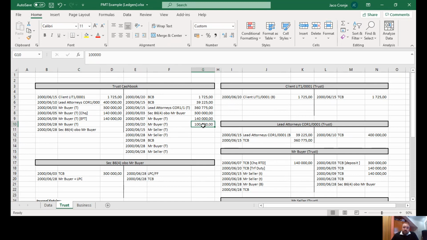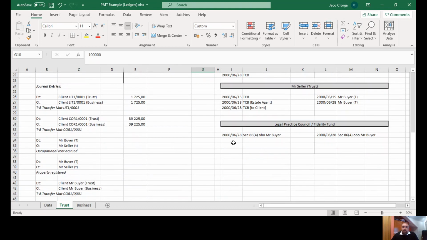Now we get it. So many guys now go and open up a ledger account called SARS, and they allocate that debit to the SARS account. That's not correct, because now you've got a T account with a debit balance of 100,000, which means SARS will in future pay you 100,000 Rand, which is definitely not correct.